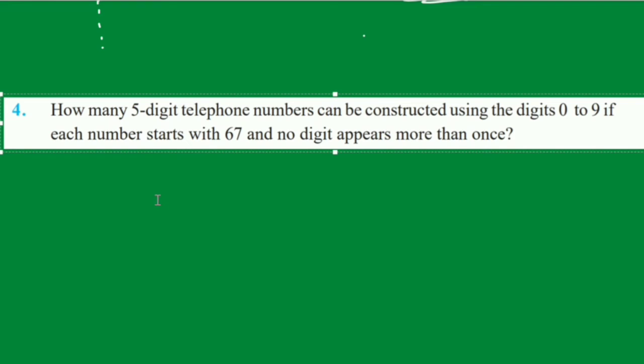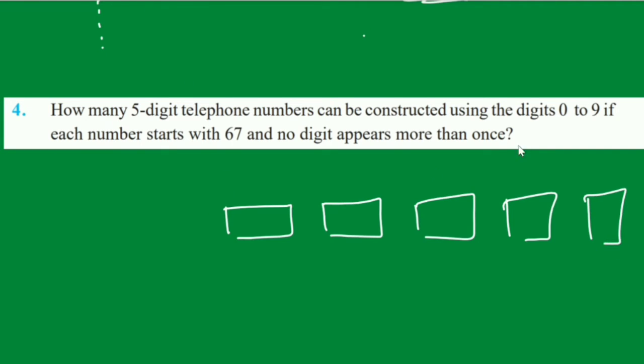Number 4. How many 5-digit telephone numbers can be constructed using the digits 0 to 9 if each number starts with 67, and no digit appears more than once? So we have to form a 5-digit telephone number. There are conditions given.